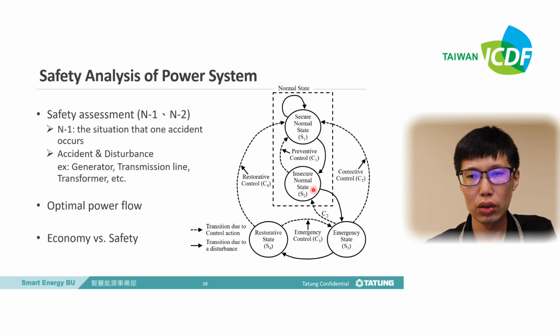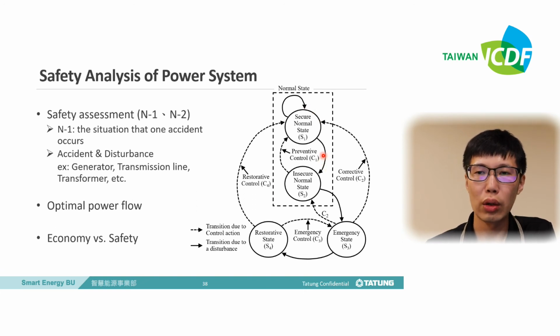And in this case, the operator can do some preventive controls to transfer the state back to secure normal state. And it has to be mentioned that secure normal state and insecure normal state are both normal states.